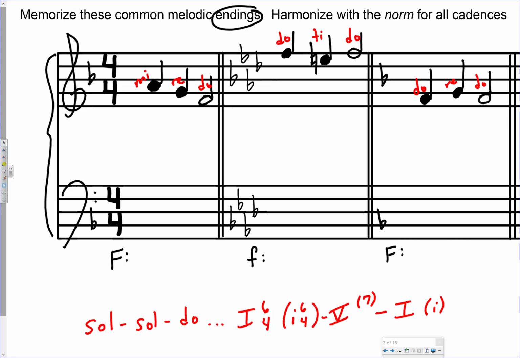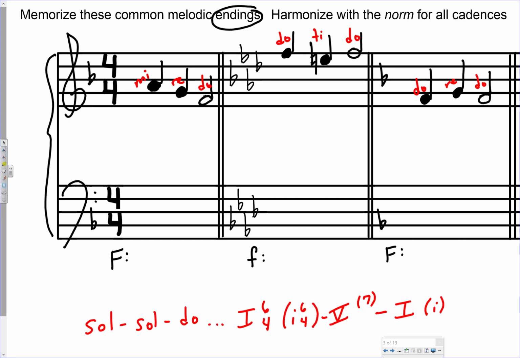That is to say 1-6-4, 5 or 5-7 to 1. Remember, this is a cadential 6-4, so the 1-6-4 must be on a strong beat, followed by the 5 or the 5-7 on a weak beat. Cadential 6-4 chords are only on strong beats.